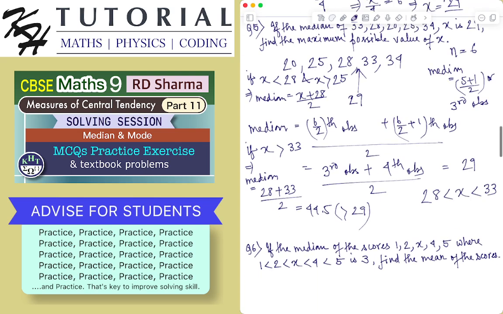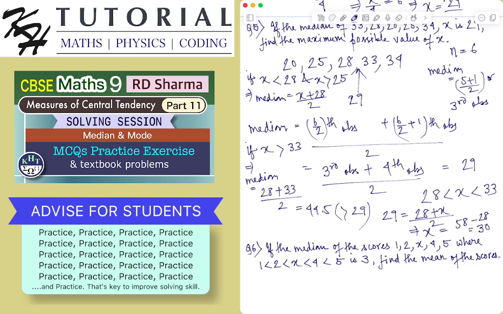In that case, the third number will be 28 and the fourth number will be x. So the median should be equal to 28 plus x by 2. This implies x is equal to, to find the maximum possible value of x, 58 minus 28, which is 30.